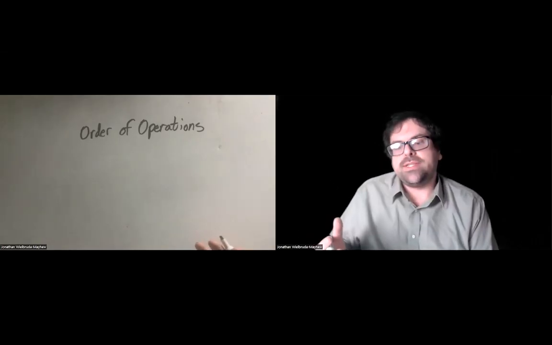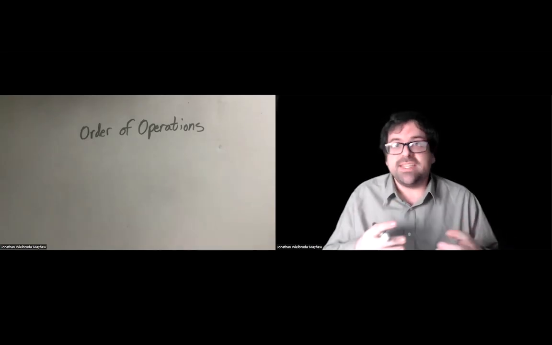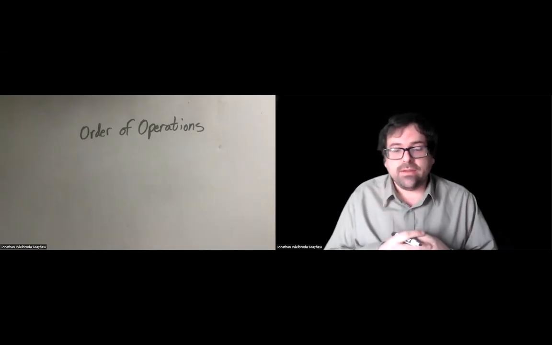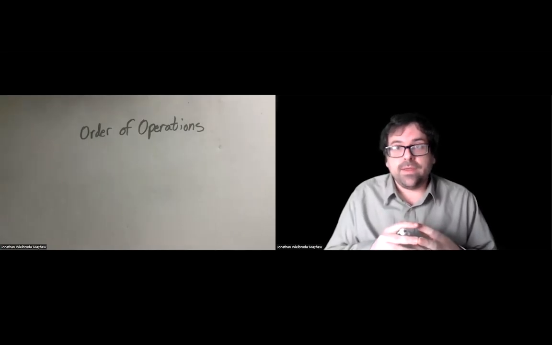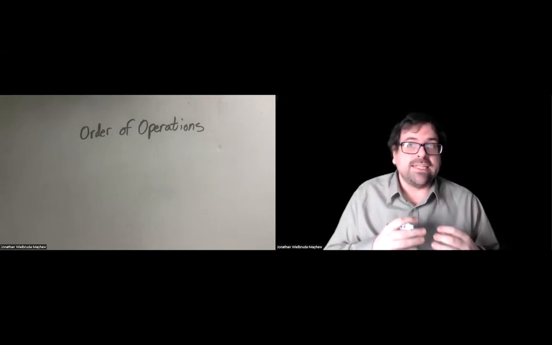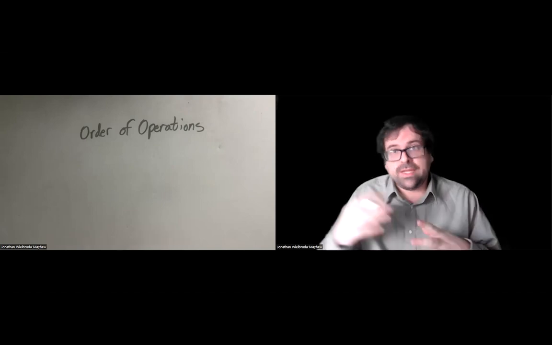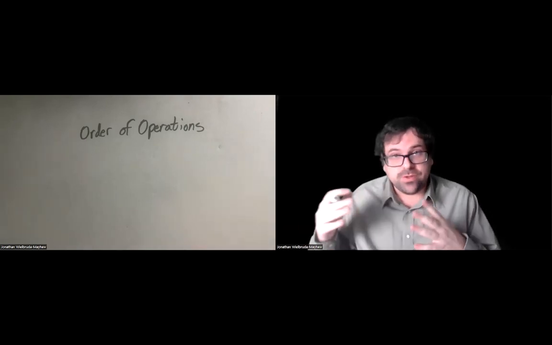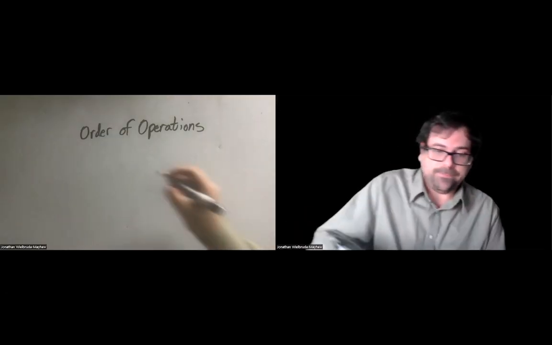Order of operations tells us that first we would work inside grouping symbols, parentheses, brackets, things like that. Then we would deal with exponents. Then we multiply and divide from left to right as we come to it, which will leave only addition and subtraction, and then we do the addition and subtraction from left to right as we come to it.